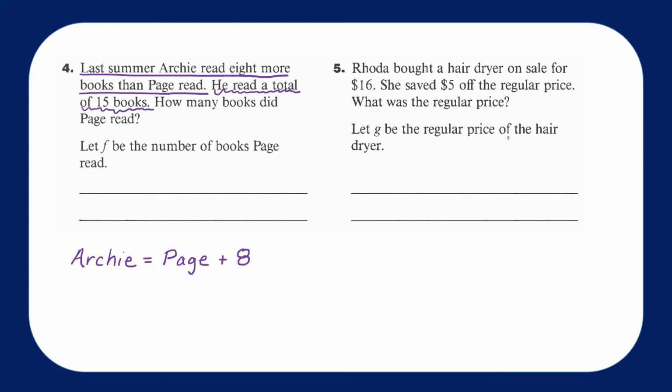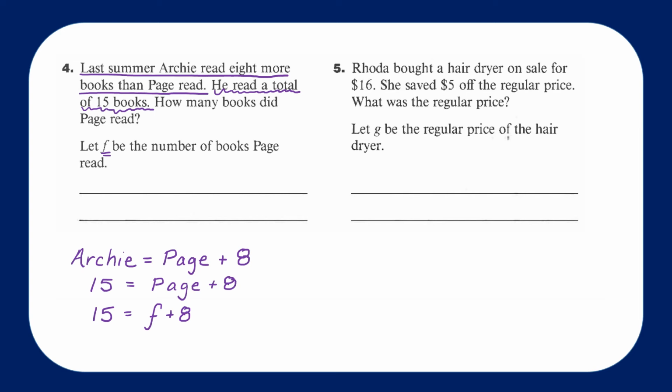So now I'm going to take out Archie and substitute 15 because I actually know that he read 15. So now I have 15 equals Paige plus 8. How many books did Paige read? Let F be the number of books Paige read. So I'm going to take out the word Paige and I'm going to write 15 equals F plus 8. So that's actually going to be my problem.